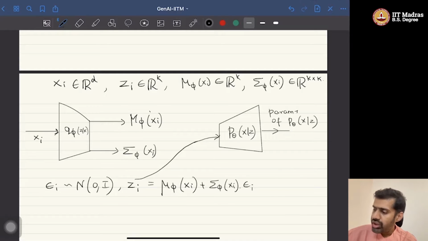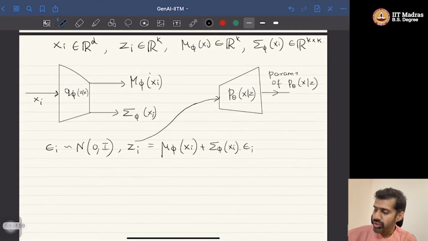I have still not told you how to get the parameters of p theta of x given z. Just bear with me for a while now.